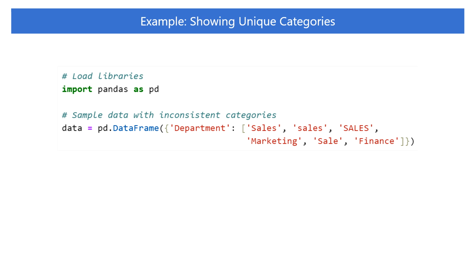Let's look at an example of detecting mismatched categories. Here, we have a dataset with a categorical variable, department, which contains entries such as Sales, sales, and sale. These represent the same category but are treated as distinct due to inconsistencies. Using Python, we can identify unique and mismatched values to correct them.